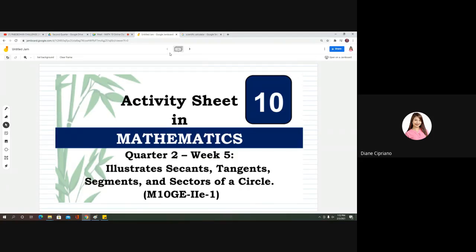For our week 5, it is all about illustrating secants, tangents, segments, and sectors of a circle.